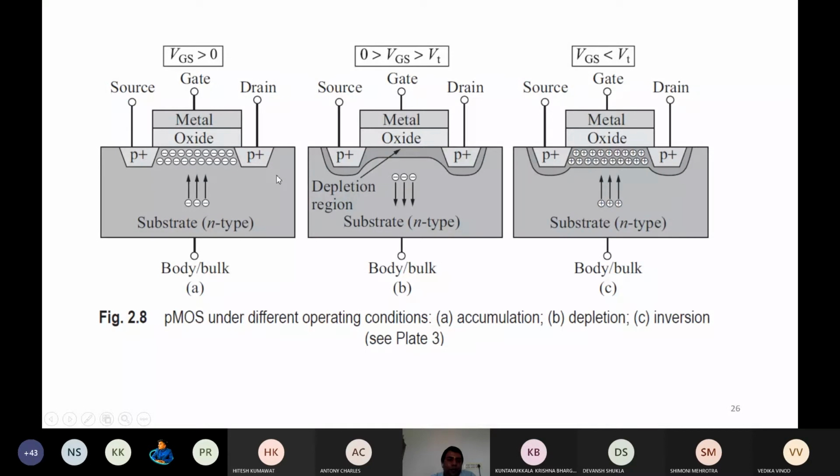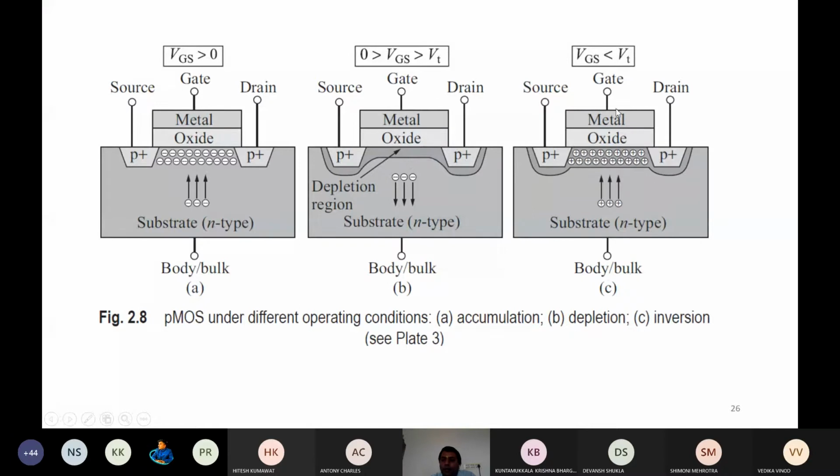So we can see whatever majority charge carriers were initially accumulated when VGS was greater than 0, meaning positive, but you have made it slightly negative, then there is some depletion region and electrons are going down.